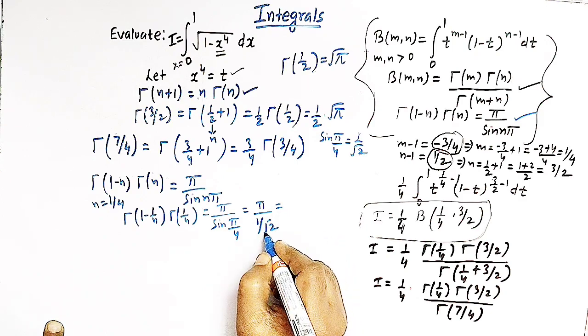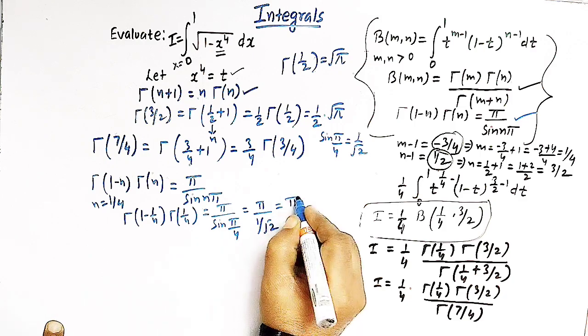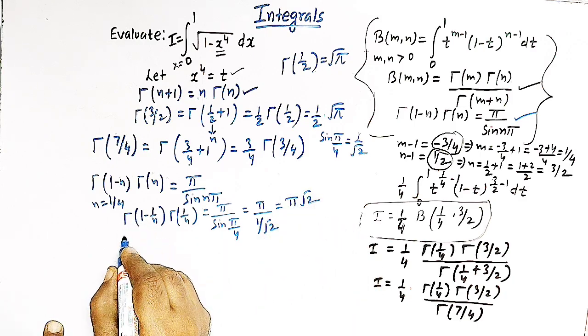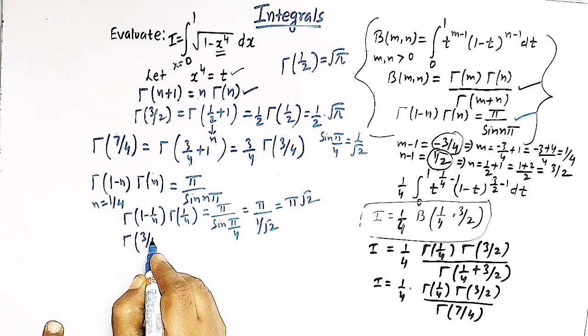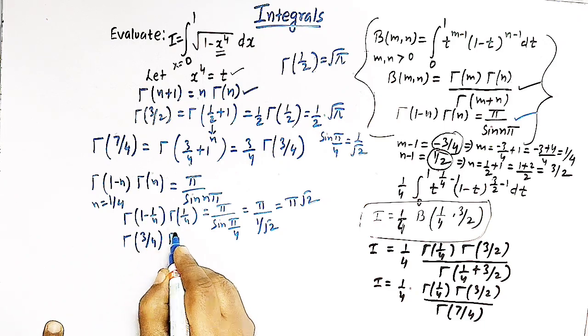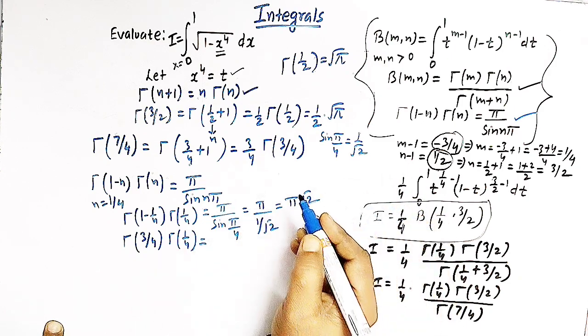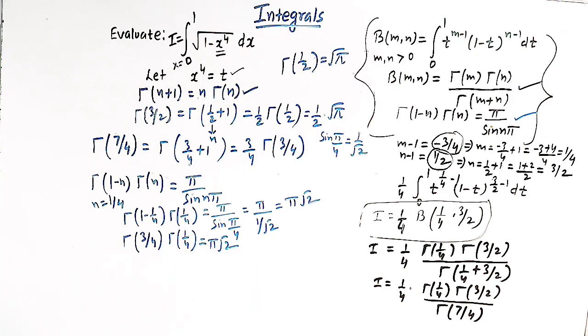So taking square root of 2 to the numerator, we can now write pi times square root of 2. So now here we have gamma 1 minus 1 by 4. So this is gamma 3 by 4. And here we have gamma 1 over 4. And in the right hand side, we have pi times square root of 2.